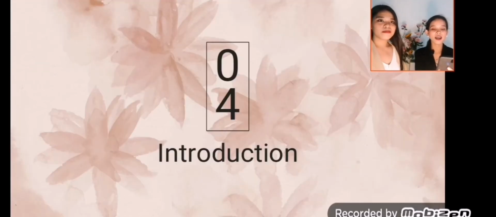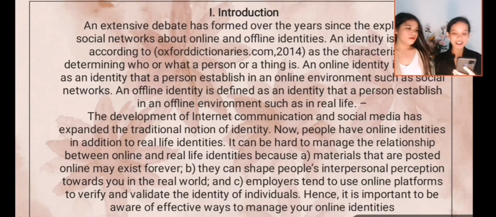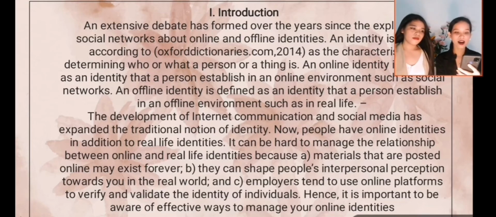And the fourth one is the introduction. An extensive debate has formed over the years since the explosion of social networks about online and offline identities. Identity is defined according to Oxford Dictionaries.com 2014 as the characteristics determining who or what a person or a thing is.